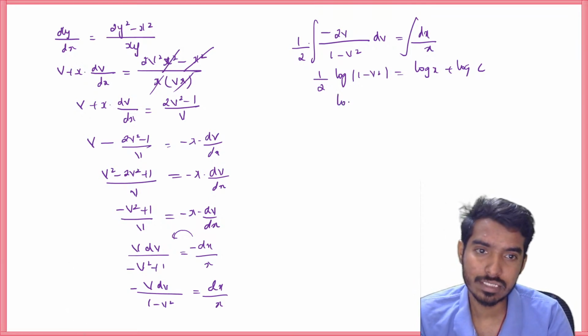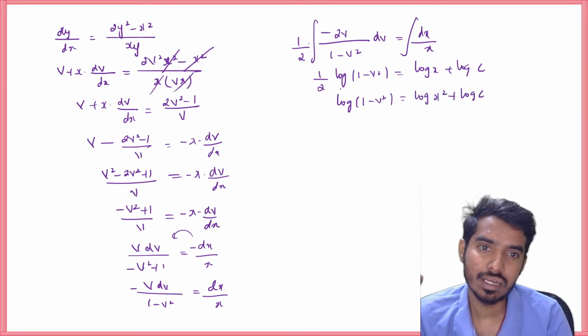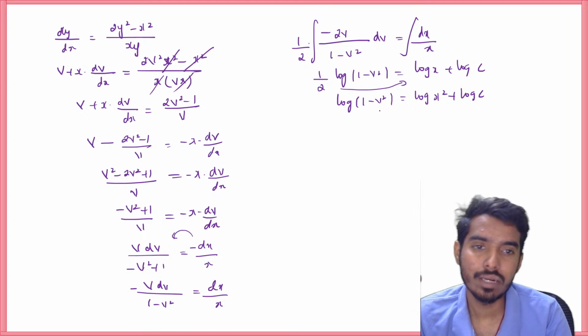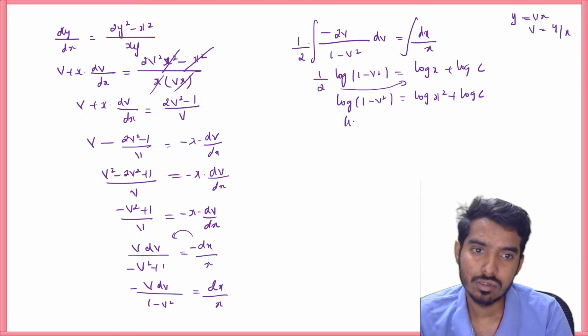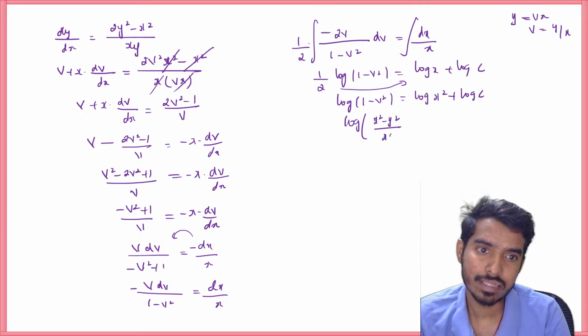Okay, let us write this as log of 1 minus v square is equal to log x square plus log c, right? If you multiply this 2 here, take the 2 to the power. So log a minus log b will be log a by b. Y is vx, so v is y by x. Log of x square minus y square by x square, right?